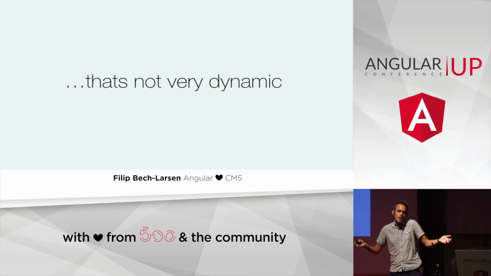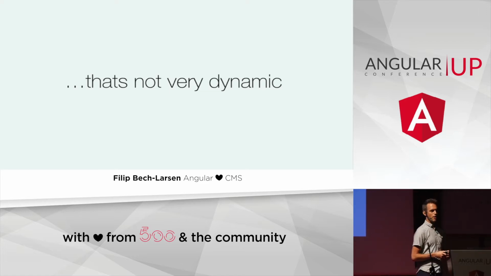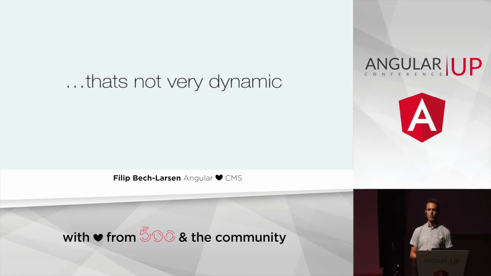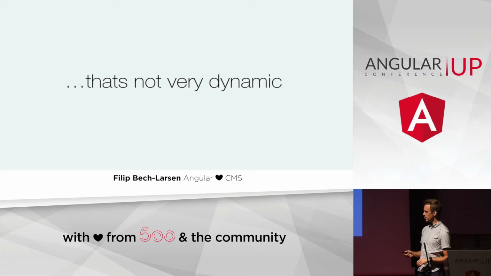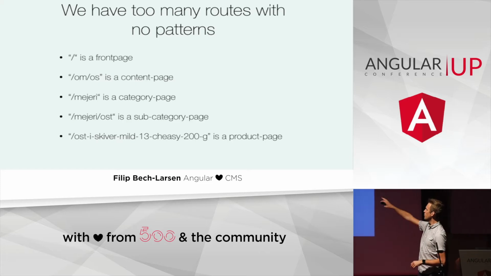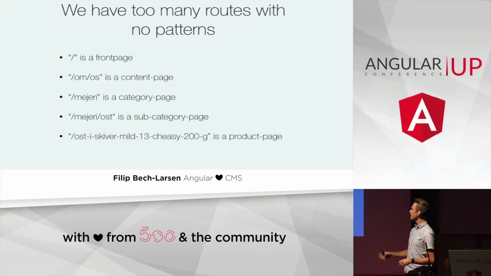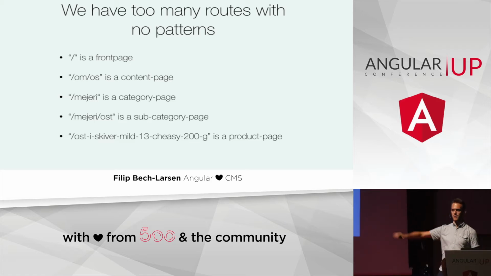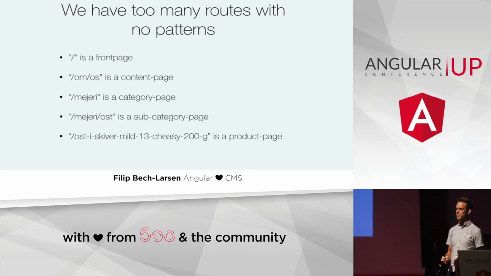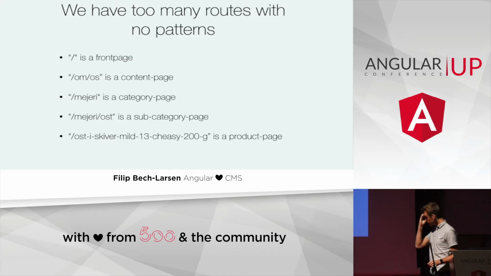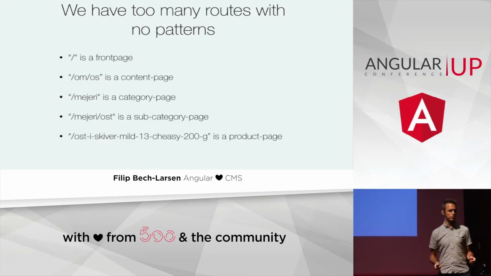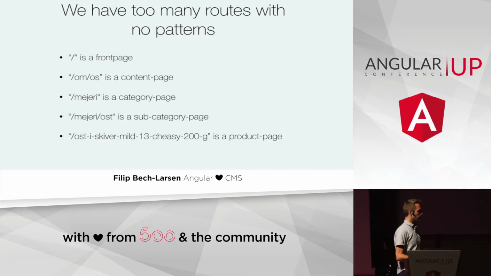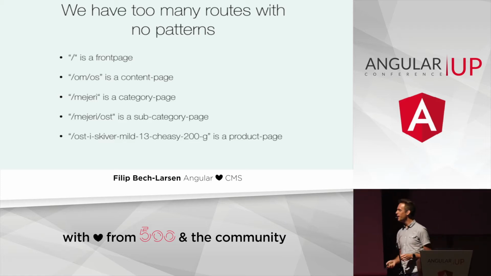In a CMS, typically the editor can change the URL schemes of where the products live, and so the slash route might be a front page, and then something might be a content page, and some other thing might be a category page, and you can't really make one regex that would fit all of these and make really good routing rules.